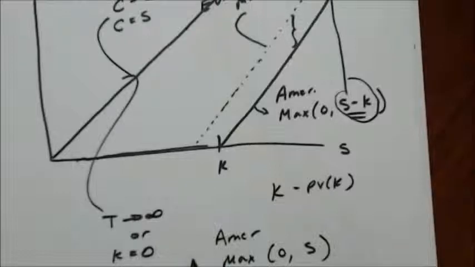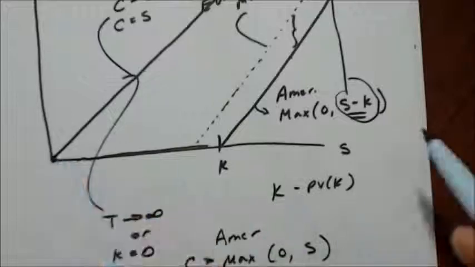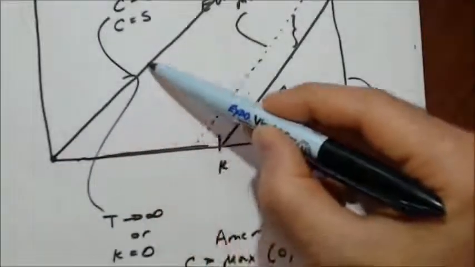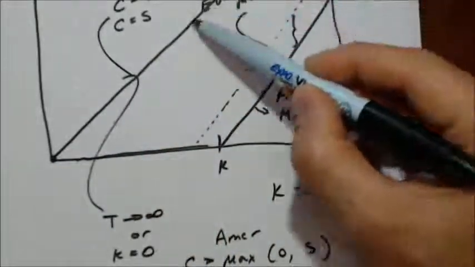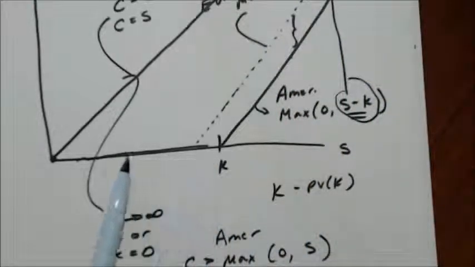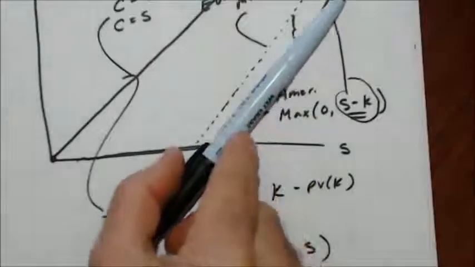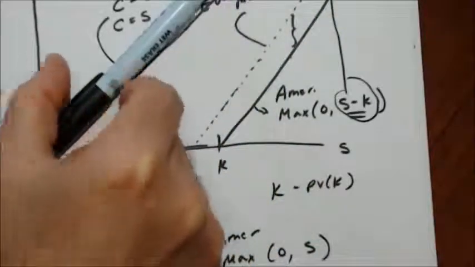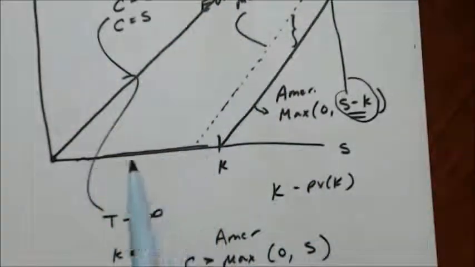the call is going to be greater than or equal to 0 or S. Here's where it's 0, and here's when it equals S. So you're right here on this line. It's as though, think about it, you're dropping this K to 0. So you're bringing this whole line right over when you drive this to 0.